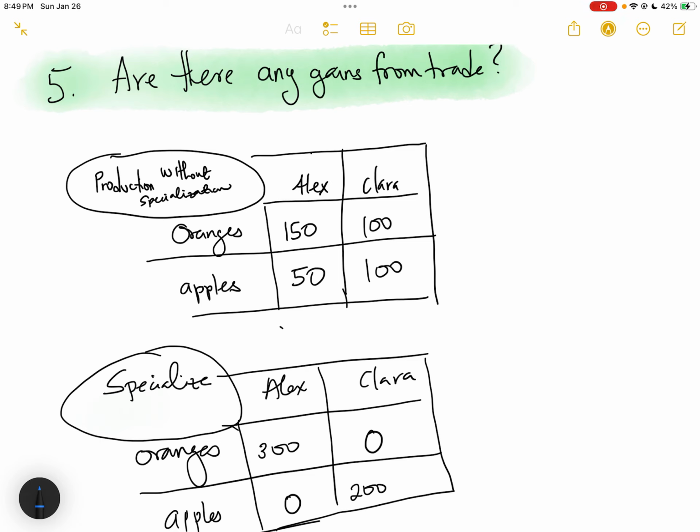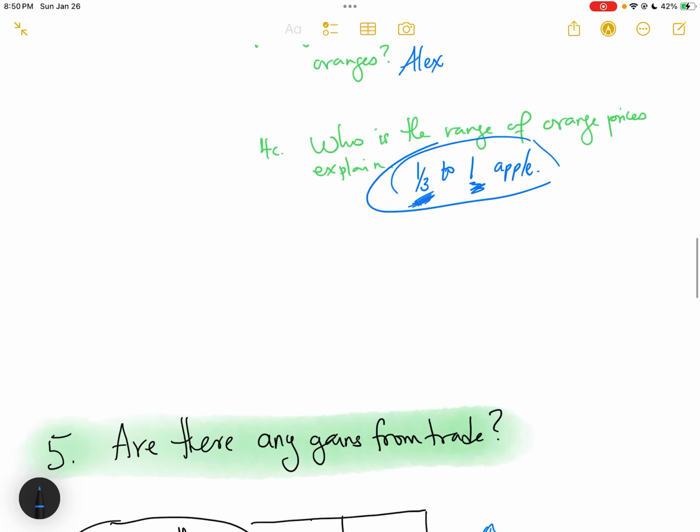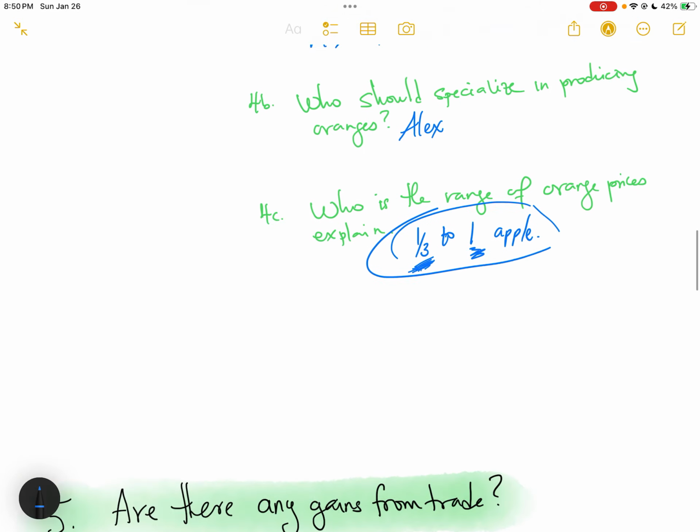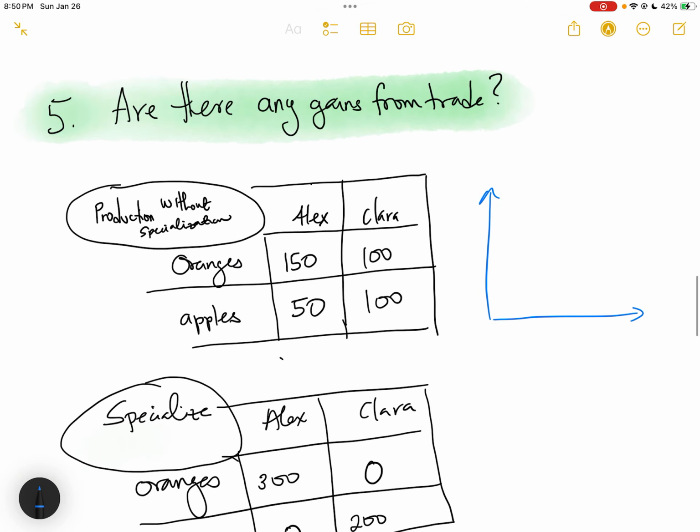What if they are producing and consuming their own apples and oranges and not trading at all? So that's what this is about. What does this look like on a graph? I have been putting Clara in blue and Alex in black, so let's keep that here.